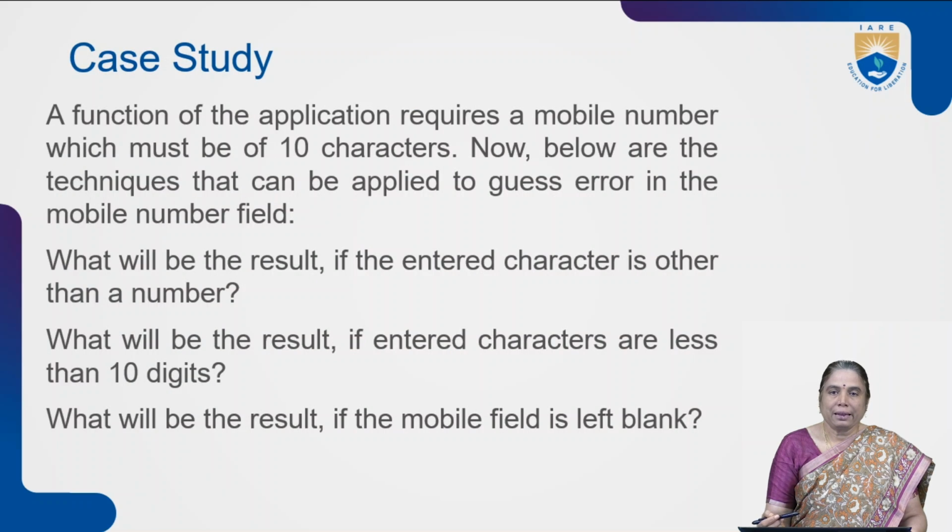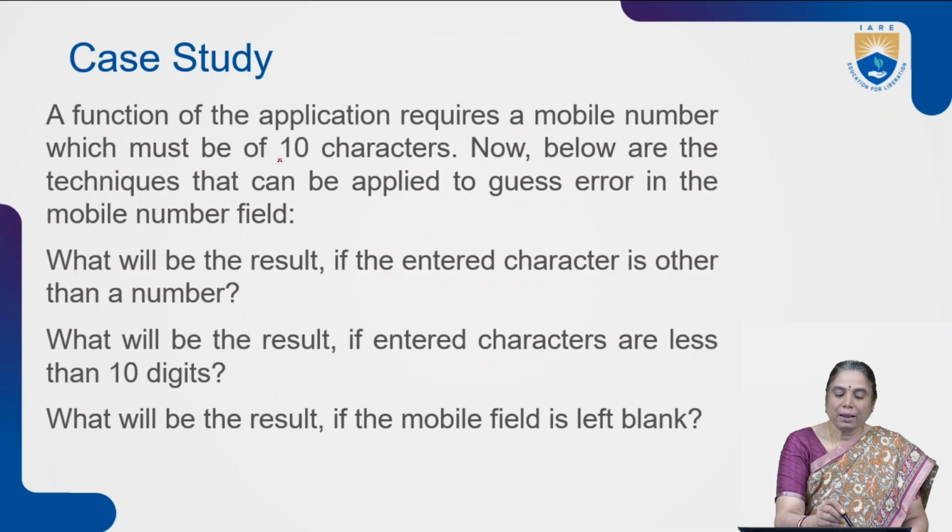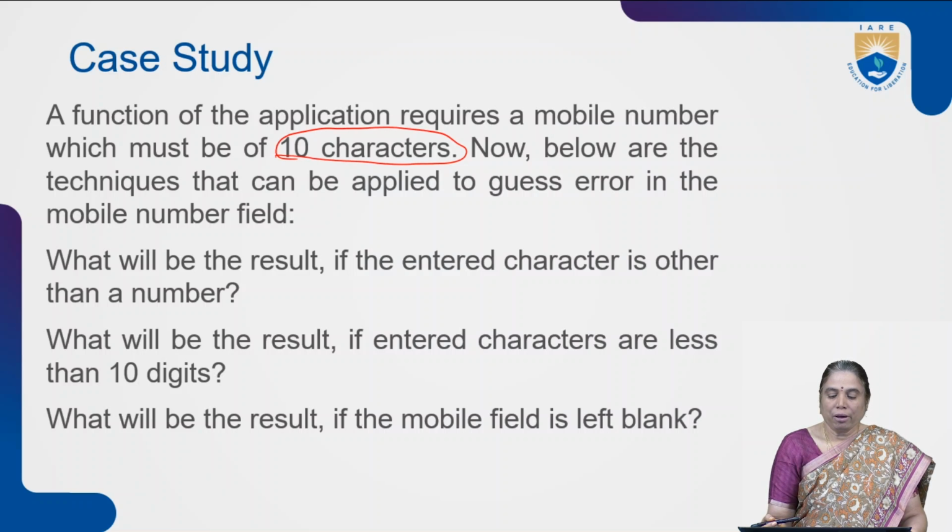So what is error guessing? With an example, we will examine a function of an application that requires a mobile number, which should generally have 10 characters. Now below are the techniques that can be applied to guess errors in the mobile number field. So with the expertise of the test engineer and domain knowledge, the test engineer can write and consider these conditions while designing the test cases.